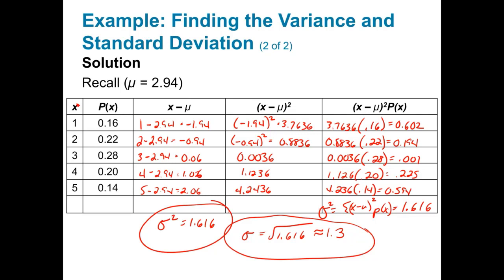So really, this process is more tedious than anything else in terms of filling out the table. It's just a long and tedious process to get to that answer. But the actual math itself in here, none of it's really difficult. It's just subtracting, squaring, and multiplying to get to it.